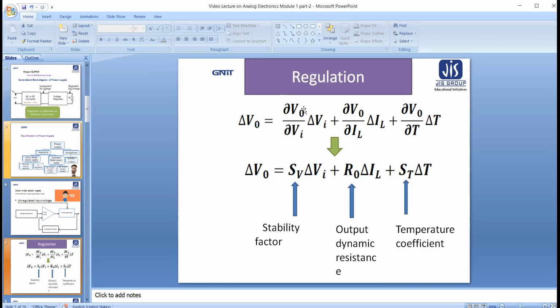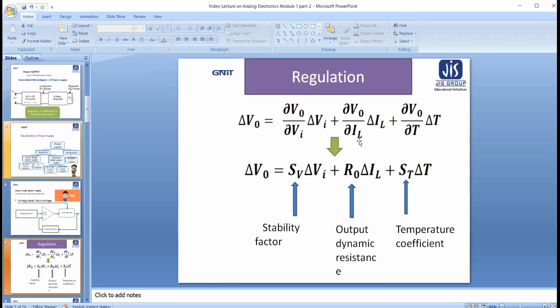If we look into the expression, it is nothing but the ratio of two voltages. That's why it is called the stability. Why is it stability? Because this factor will be controlled by the denominator, that is the change in the input voltage. So del V naught by del Vi is known as the stability factor.